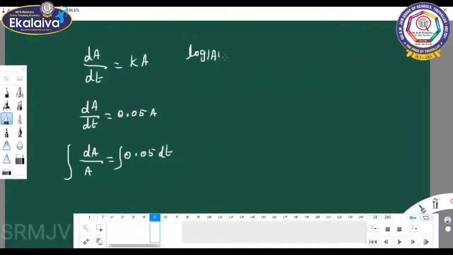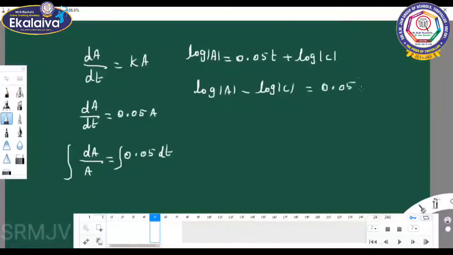Log of mod A equals 0.05 t plus log of mod c. So log of mod A minus log of mod c equals 0.05 t. Log of modulus of A by c equals 0.05 t.